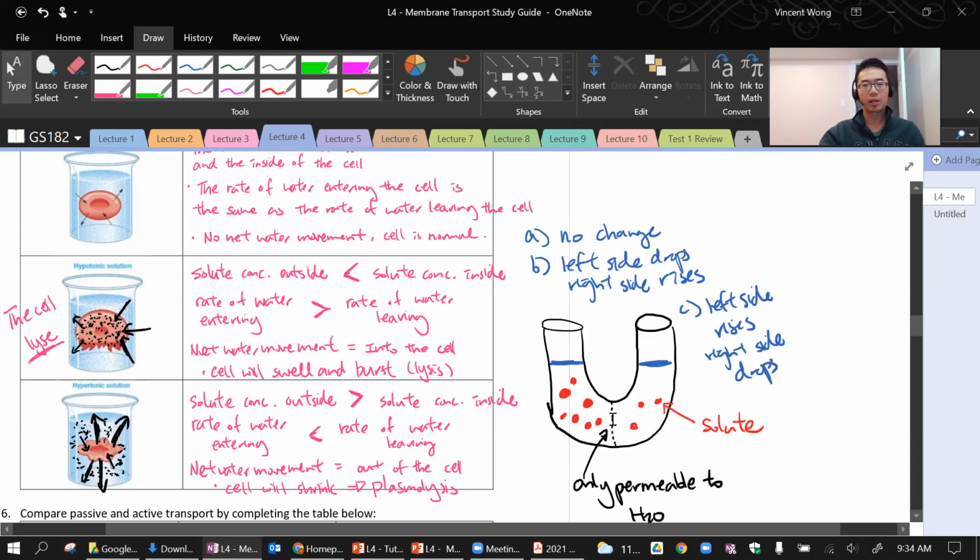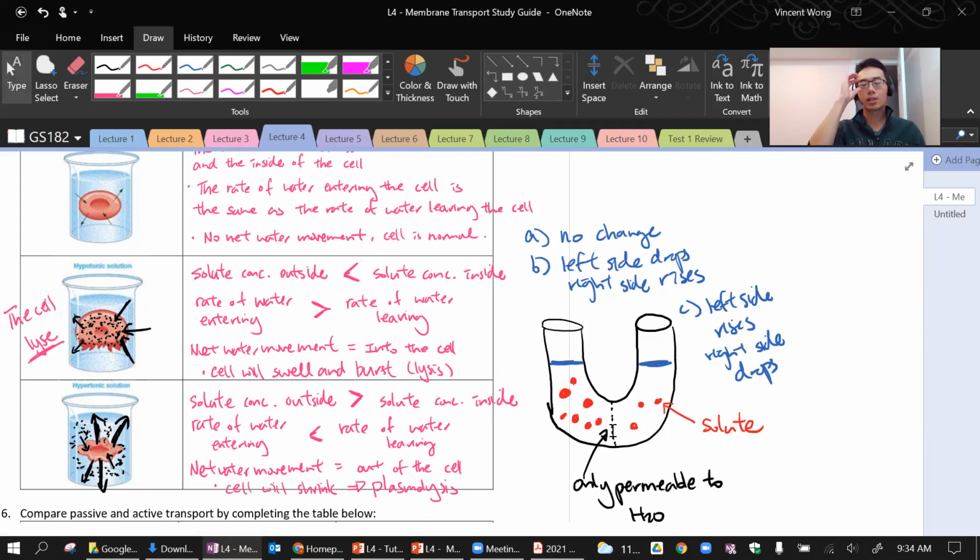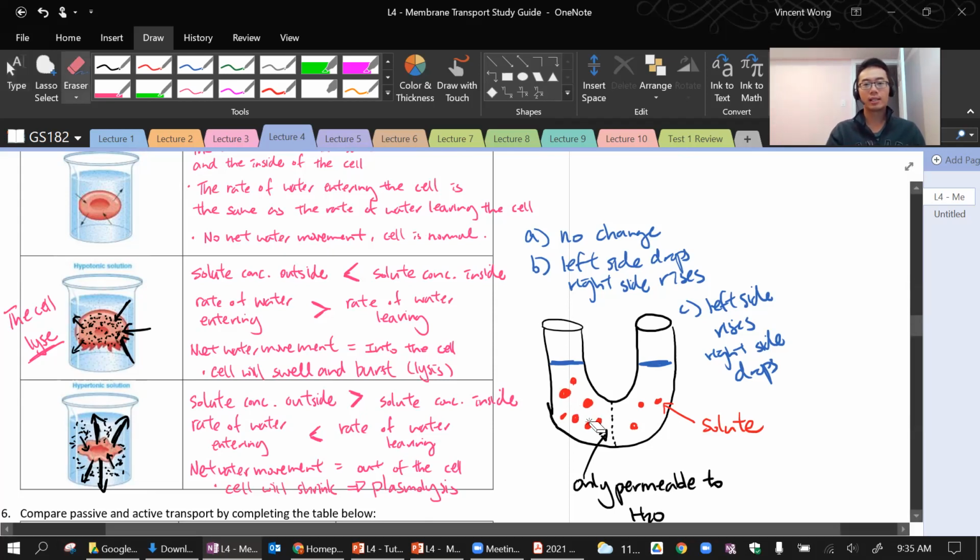No, because the membrane only allows water to move. So the question to ask yourself is, which way will water move to equal out the concentration? You have more solute on the left side, less solute on the right side. Which way will water move to make them the same?